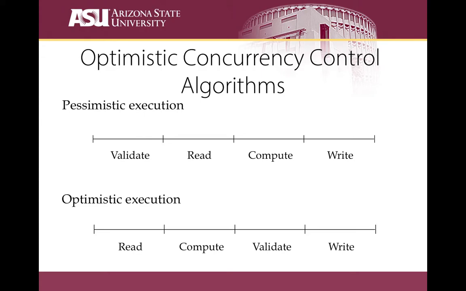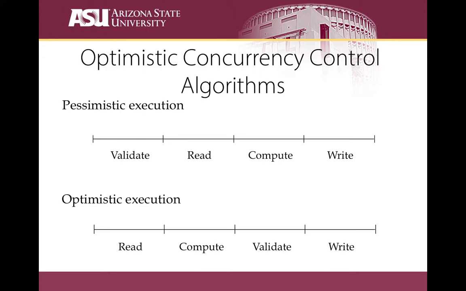What does validate mean? In locking, for example, you have the lock manager. You go ask the lock manager, can I get a lock on this item because I want to exclusively lock it, or I want just to read it, but I still want to lock it? So you validate whether this operation can be done or not through the locking, or even through the timestamp.